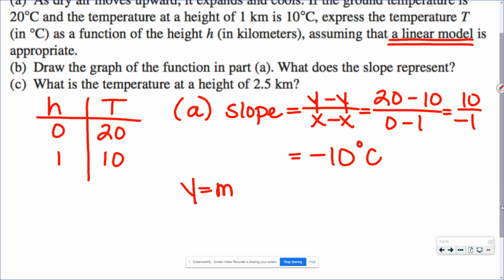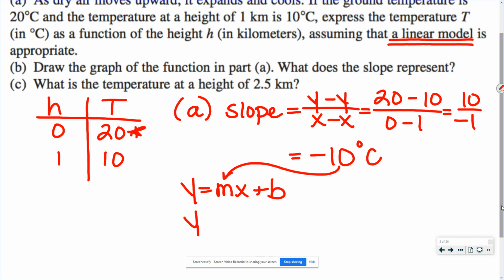Okay? Then we could use that to help us write a linear equation to represent this situation. Remember, y equals mx plus b is the slope-intercept form of a linear equation. You know the rate of change, or the slope, is negative 10. b is the y-intercept, kind of like where you're starting if you were at ground zero, which we actually do know that value. That value is 20.